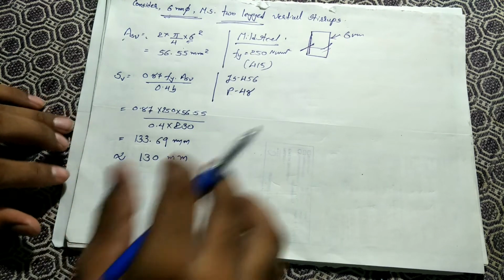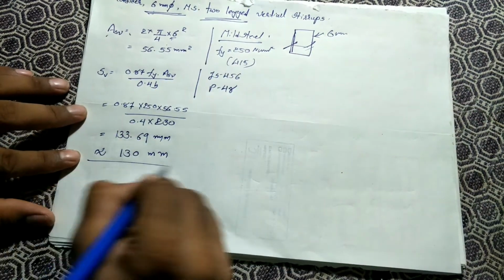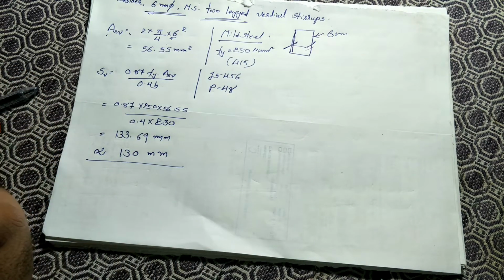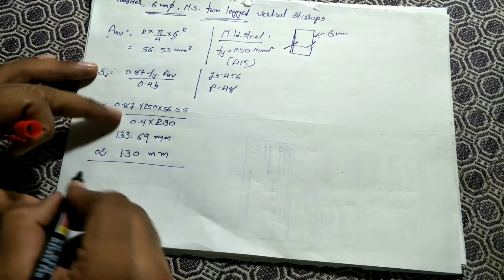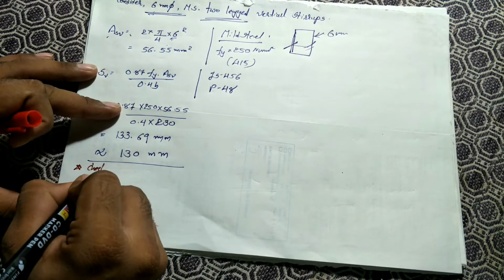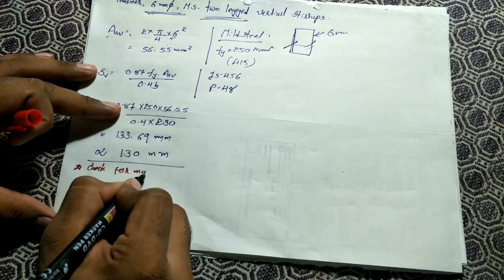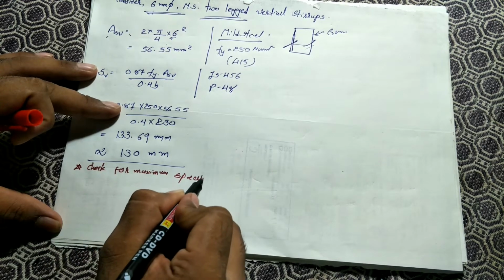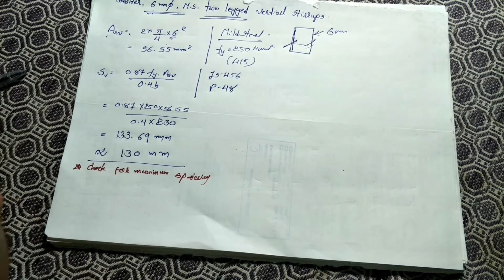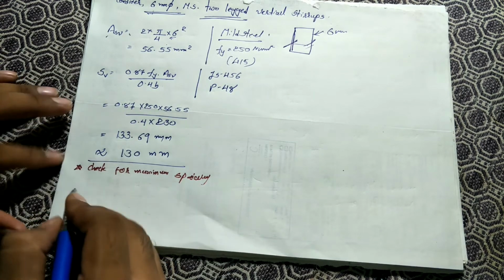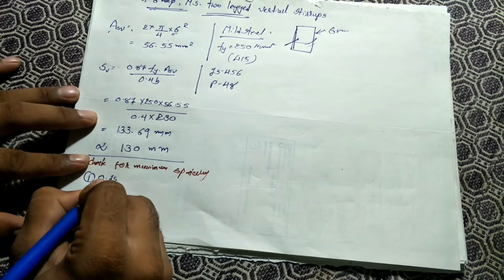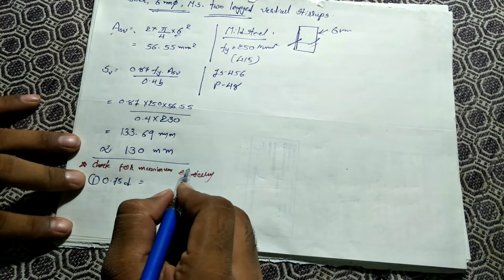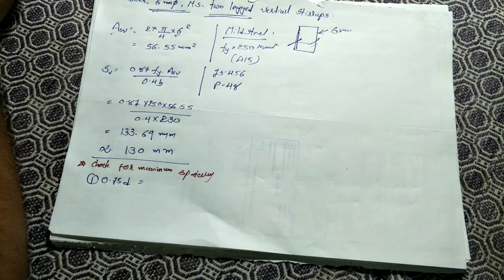Now what we have to do? We have to do a check. Three conditions are there for checking the maximum spacing. First is 0.75 d, as given on page numbers 47 and 48.